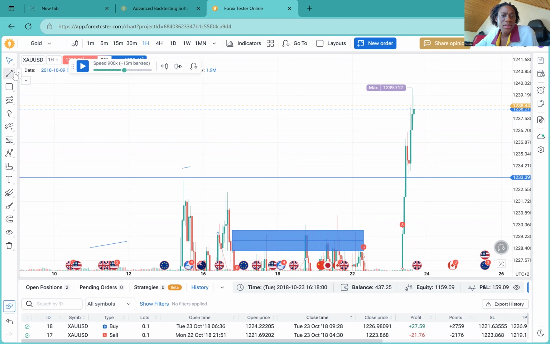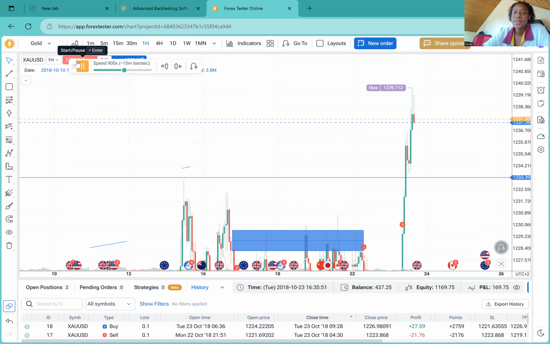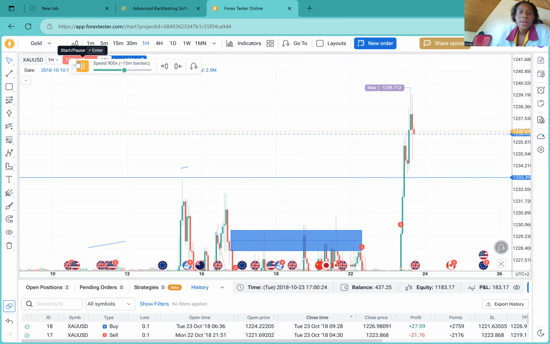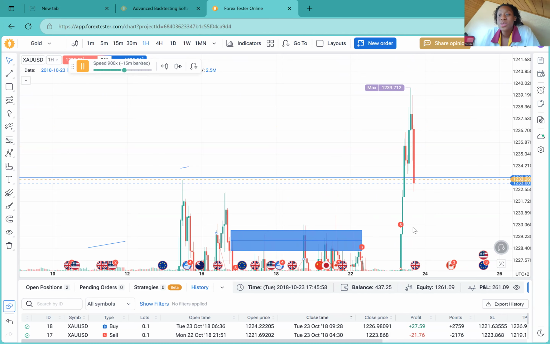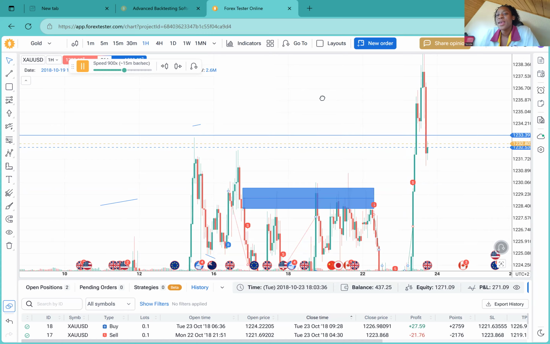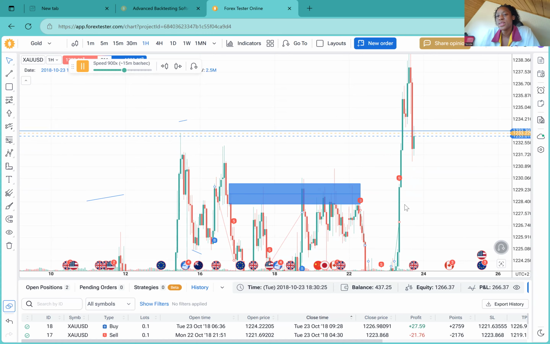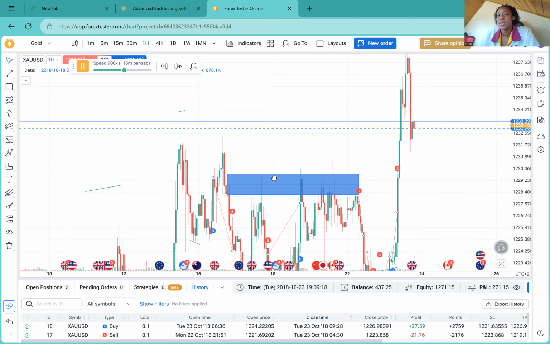I wonder what time is this? Okay. So it is heading up. Okay, so now we're getting this major retracement because it always has to come back and fill up this liquidity. So it is wanting to come back and fill this liquidity.